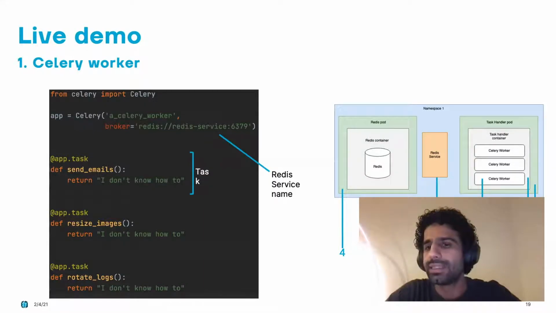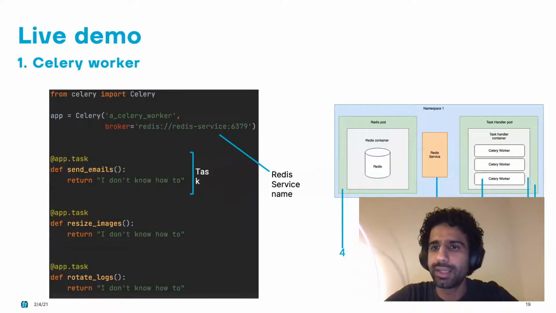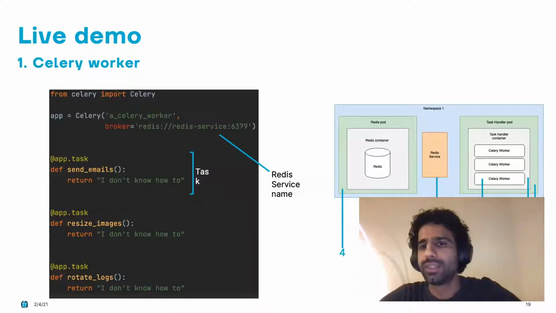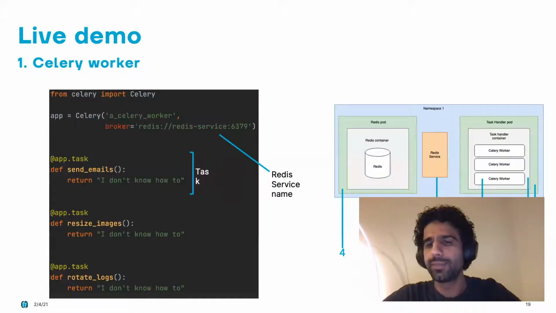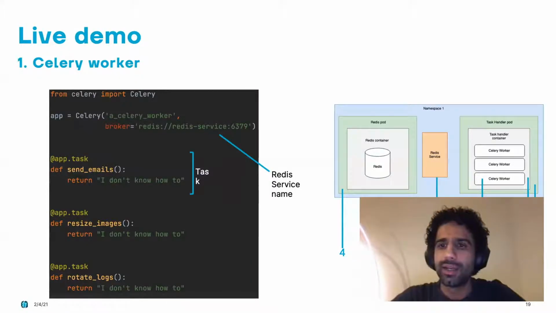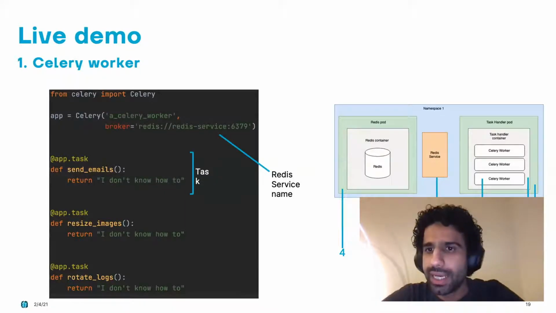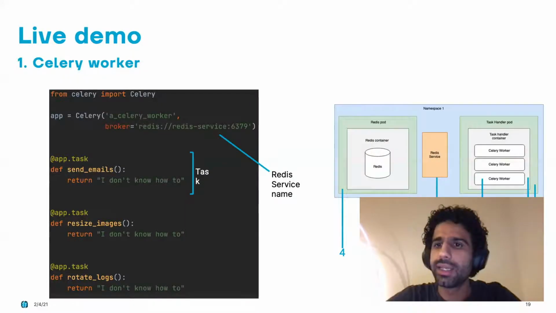And then, as I'll explain before, it is contained in a pod. So this green color thing is the pod. So this thing I'm calling the task handler. It handles tasks. So as Sahil said, the pod could contain more than one container as well. So you could couple together a bunch of different stuff.